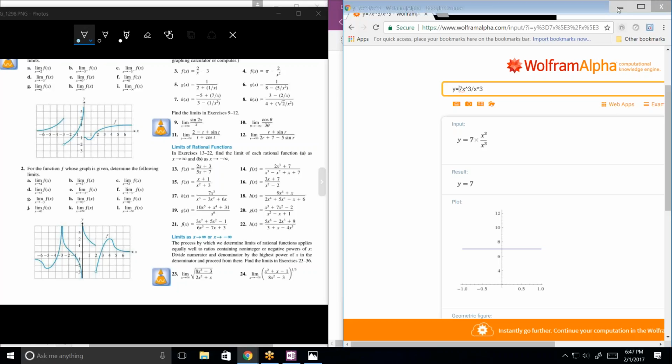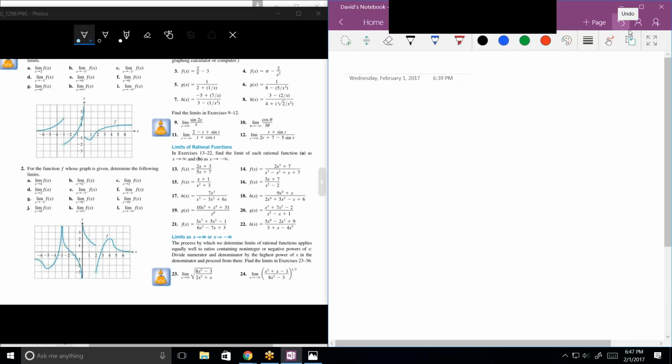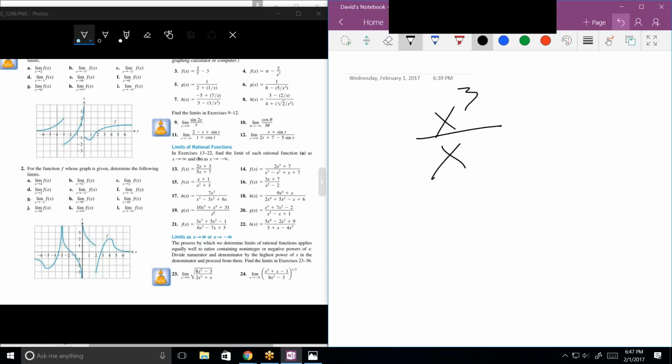In other words, if I were to write 20, I would basically be looking at x cubed over x squared. Well, that's equal to x. So as x goes to positive infinity, y goes to positive infinity also. In other words, here's what we have.